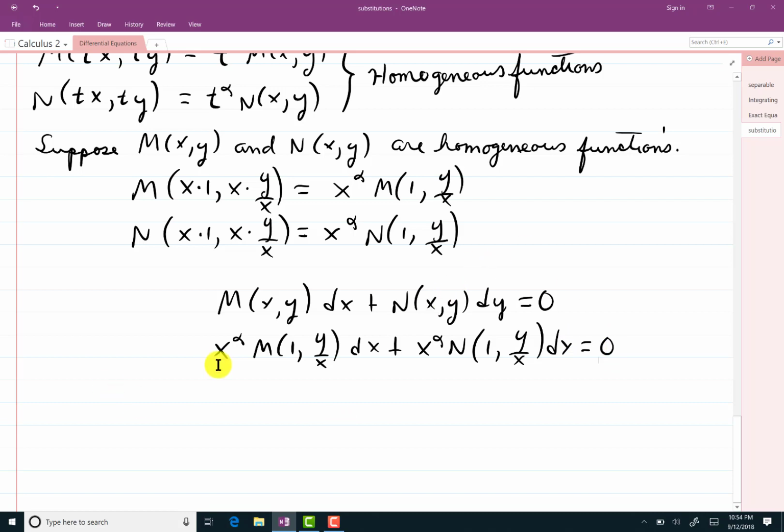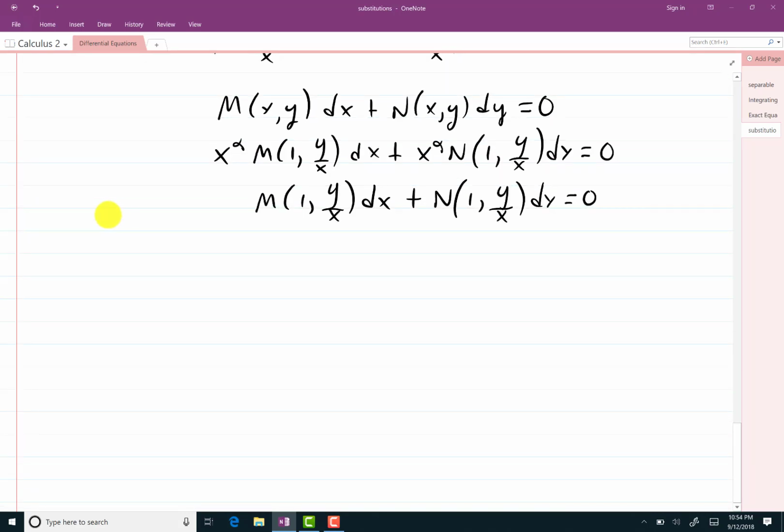Then you divide both sides by x to the alpha. So away it goes, and we're left with this type of an equation, m of 1 comma y over x dx plus n of 1 comma y over x dy equals 0.